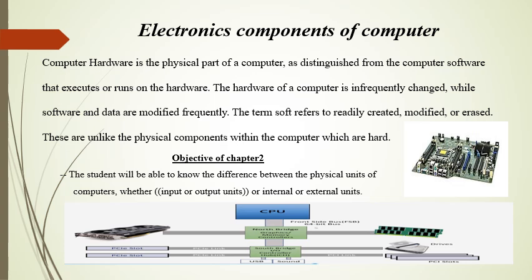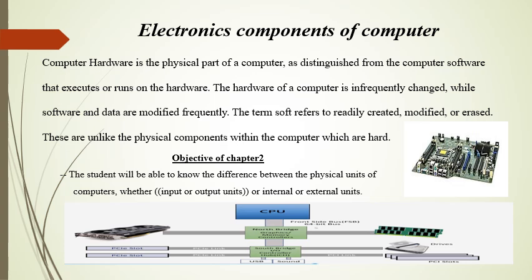The hardware of a computer is infrequently changed, while software and data are modified frequently. The term software refers to what is readily created, modified, or erased. These are unlike the physical components within the computer, which are hard.